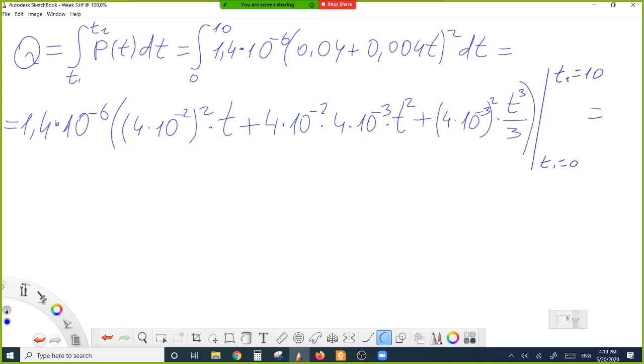If we put 0, everything will be 0, and if we put 10, we may compute.